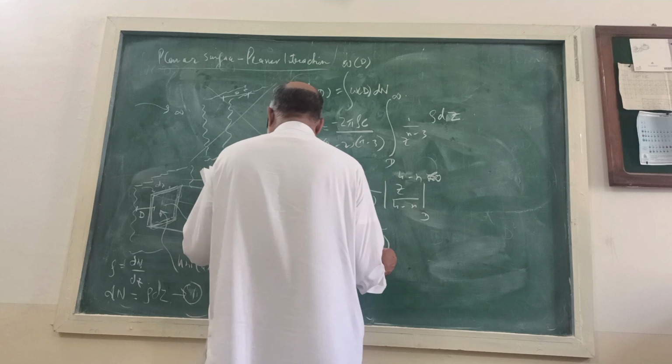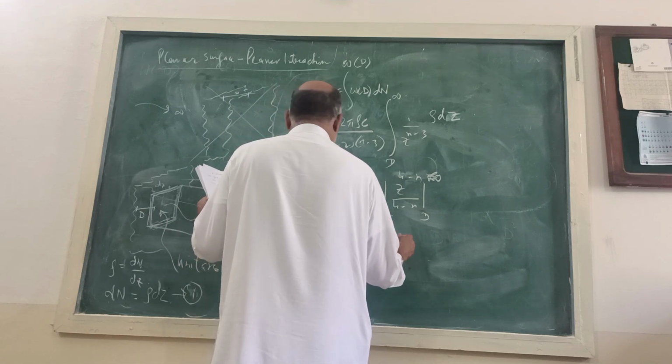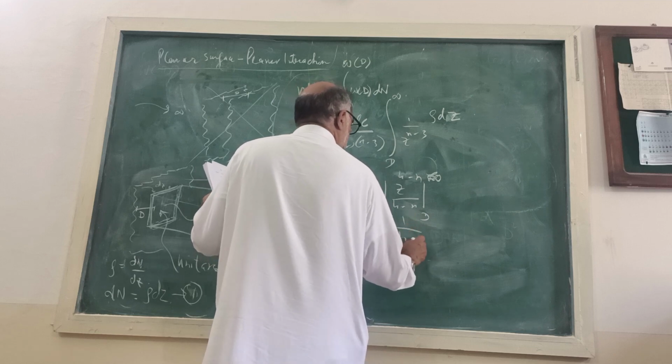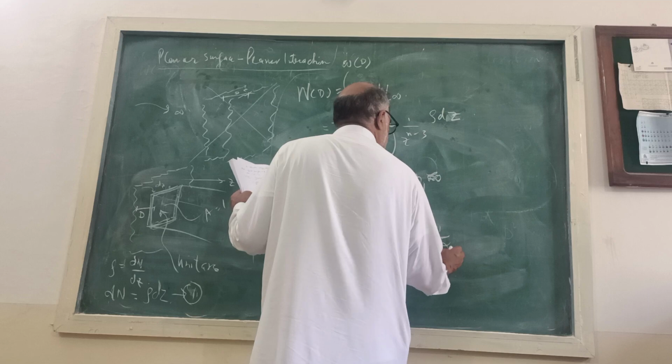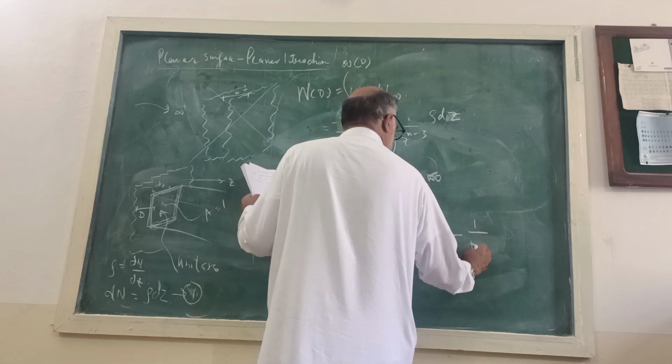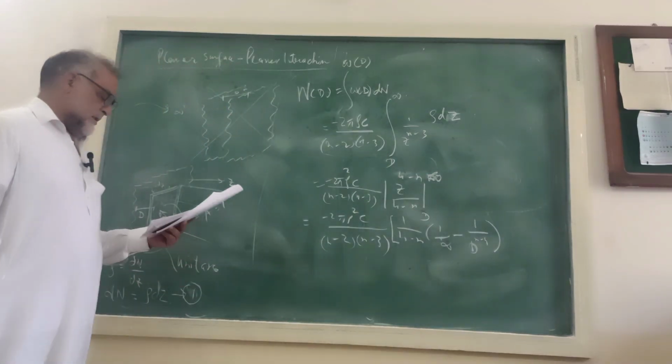And that will be 1 over 4 minus n, and that will be 1 over infinity minus 1 over d to the power n minus 4, after putting these limits.